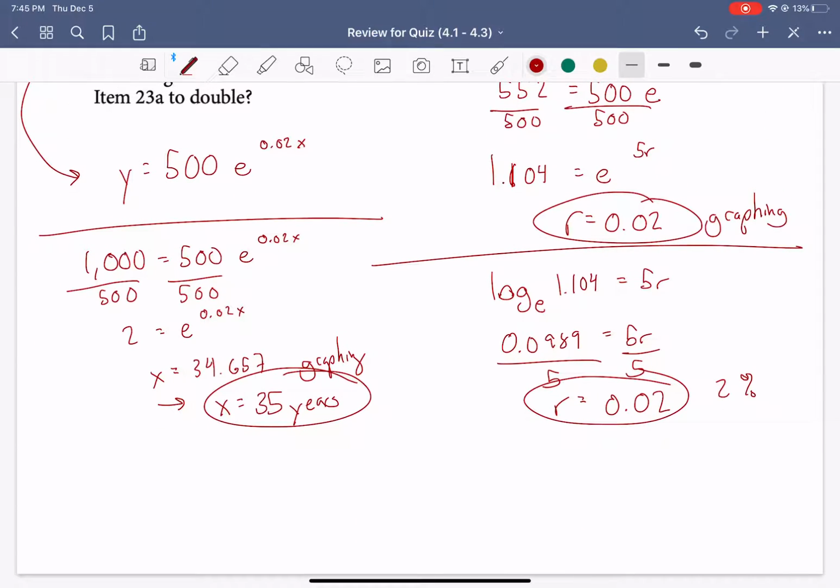All right, we could do this by not graphing. We could use logs again. So we get natural log of 2 equals 0.02x, and divide that 2% over on that side.